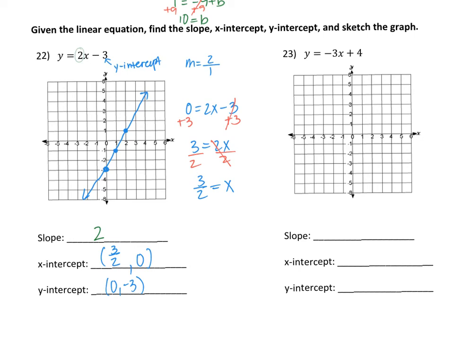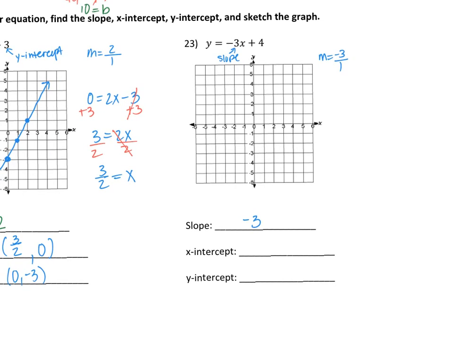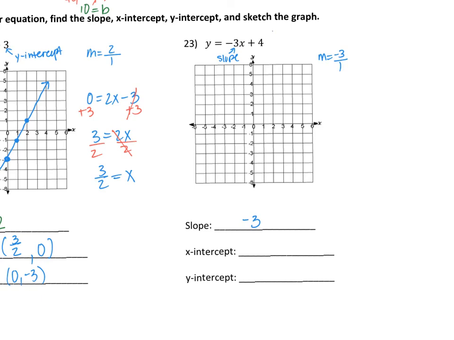Our slope here is a -3. And so we can say that our slope is -3 over 1. And our intercept is at +4. So that's our y-intercept. +4, or coordinate at 0, 4.